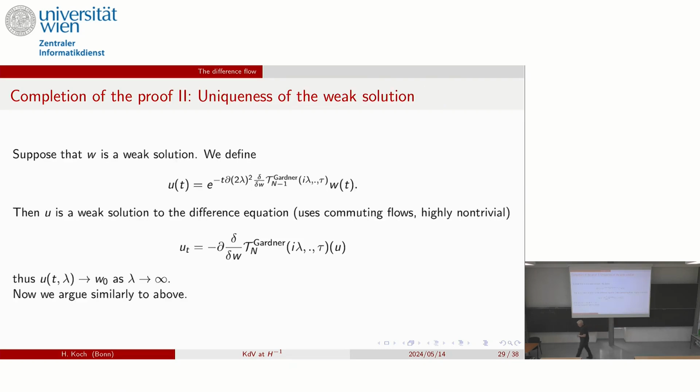Now, in order to complete the proof, one has to look at uniqueness of weak solutions. So suppose that W is a weak solution. Then we want to pull it back by this approximate flow. There's a n-1 and there's a 2 lambda squared.